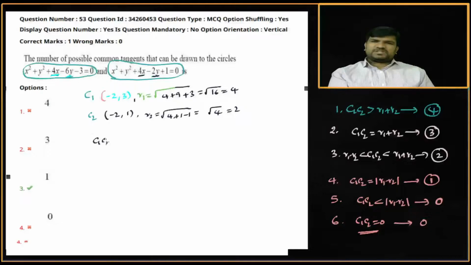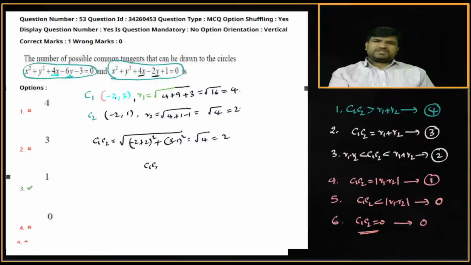Next, C1C2, the distance between the centers. So minus 2, minus of minus plus 2, minus 2 plus 2 get cancelled. And 3 minus 1 is 2, square. The square root cancels, actually 4, that is 2. So here 4 minus 2 we get 2.